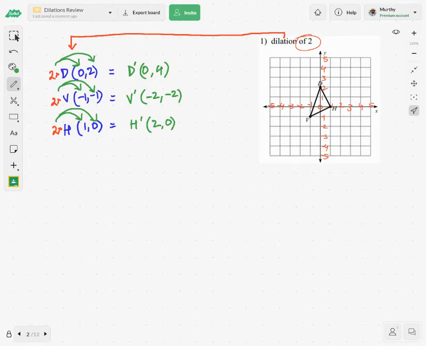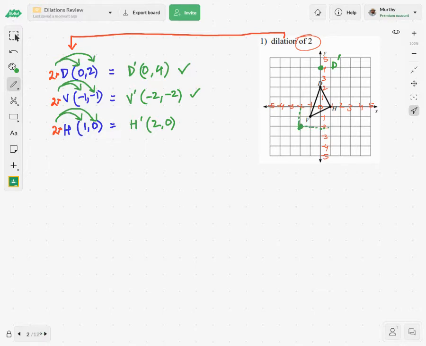In the previous question, I did not graph the dilated points. But here I'm going to plot these points. D prime, which is 0 comma 4, x is 0 and y is 4. So that lies here, that is D prime. Now V prime, x value negative 2 and y value negative 2.